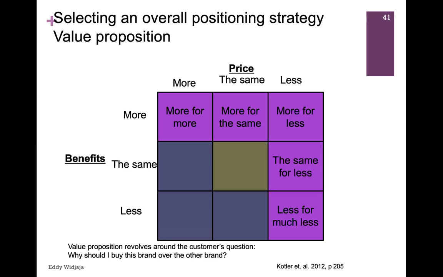Out of these nine, we also need to know that the four in the middle are basically the losers. In other words, it's hard for us to win customers if we offer less benefit with a higher price, for instance.